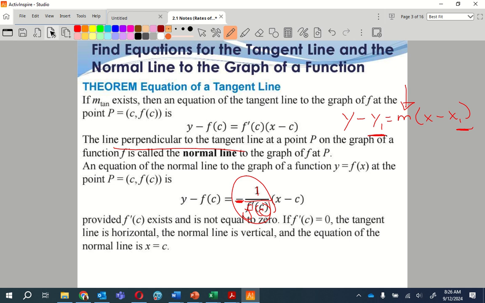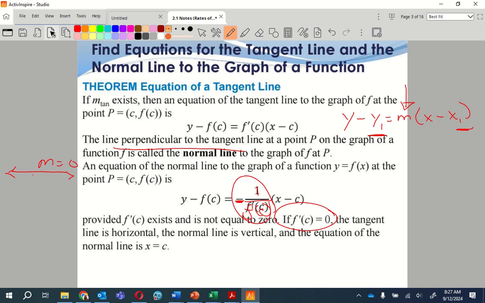This last part right here is going to be important. Okay, provided this f prime exists and is not equal to 0. Because if my slope is 0, the tangent is horizontal, the normal is vertical. So what that means is this would be the slope and the slope is going to be 0. So perpendicular to that would be straight up and down, right?